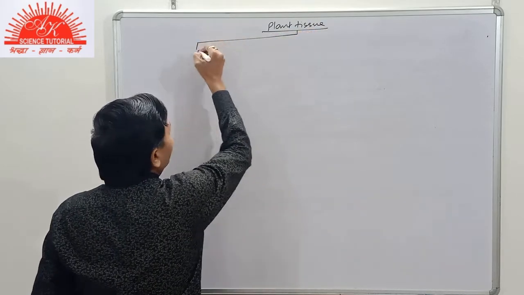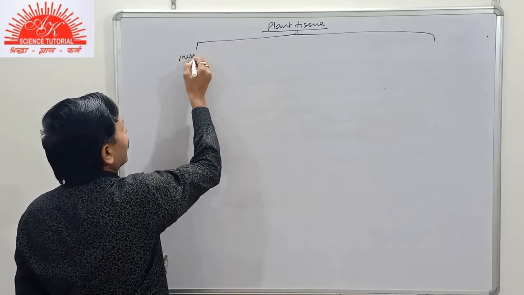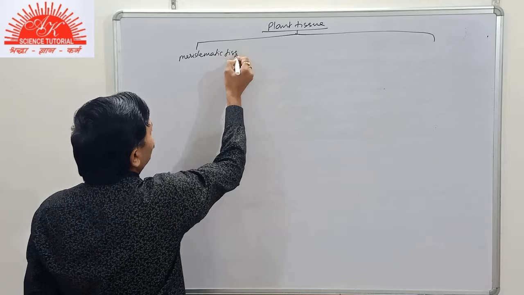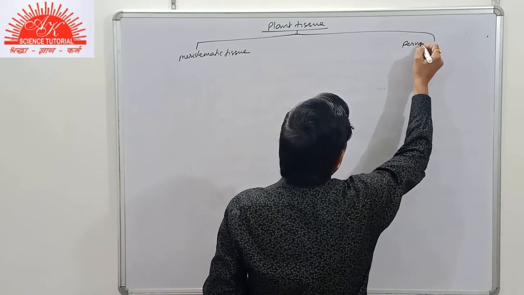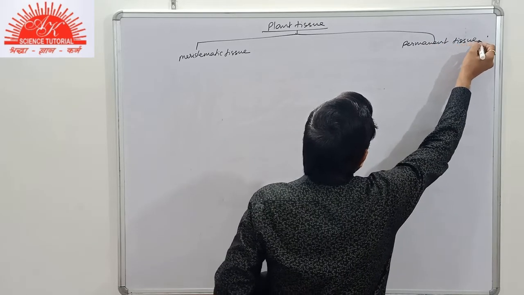Now if we summarize all these things, then here we see plant tissue. It can be divided into 2 parts, that is, meristematic tissue and permanent tissue.